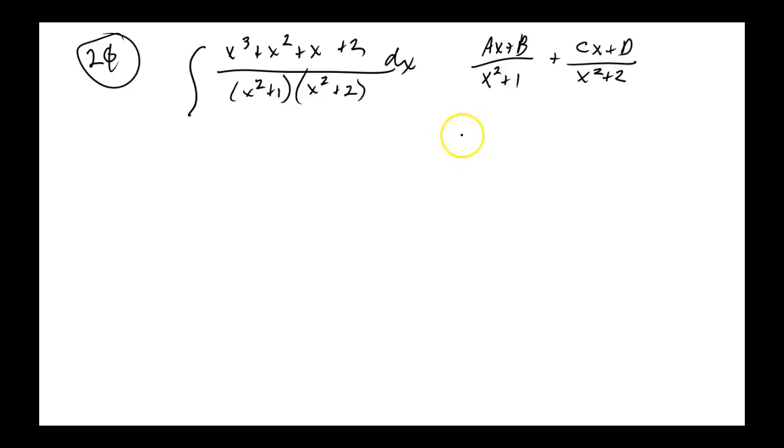So what that gives you is ax cubed plus 2ax, right? And you can't do the simple thing by setting x equal to something because it knocks everything out.